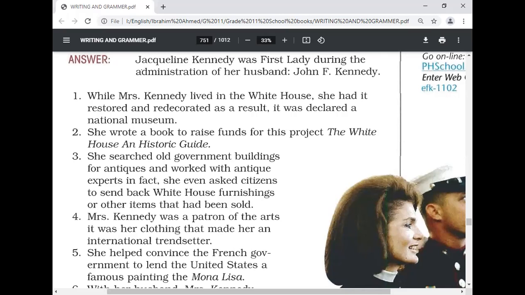Number three, she searched old government buildings for antiques and worked with antique experts; in fact, she even asked citizens to send back White House furnishings and other items that had been sold. So before in fact, as you can see, we have a transitional expression, and we need a semicolon before in fact here.